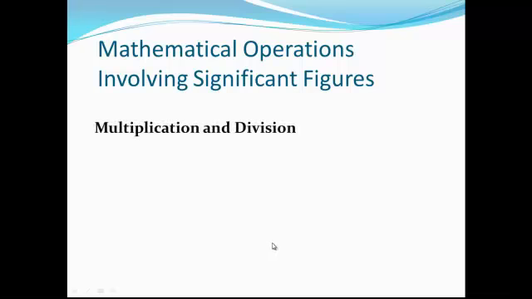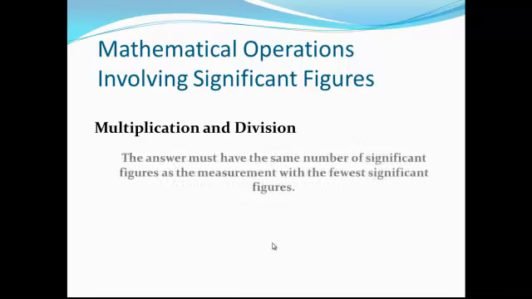The other class is multiplication and division. In this case, it's not the same as addition and subtraction. The answer must have the same number of significant figures as the measurement with the fewest significant figures.